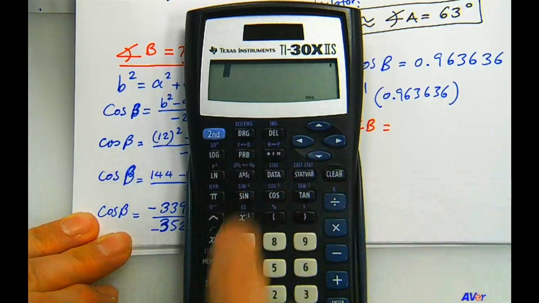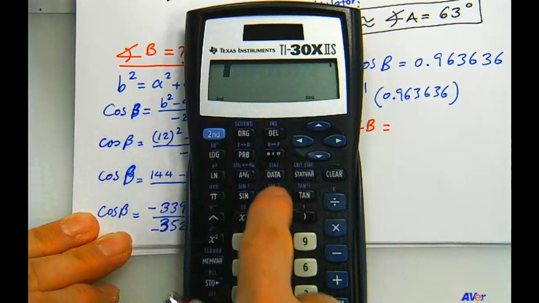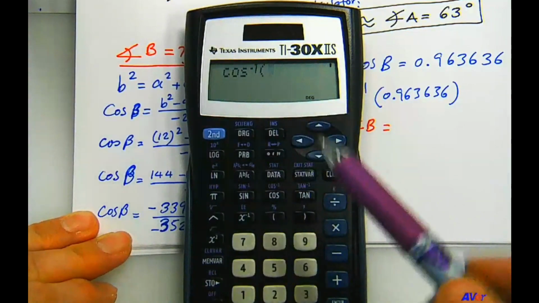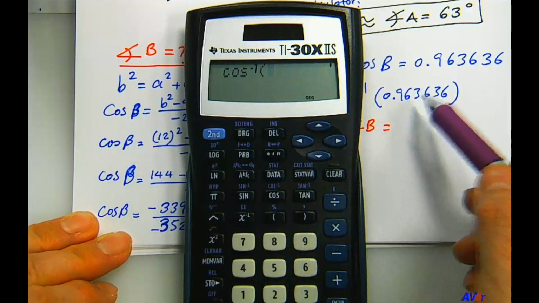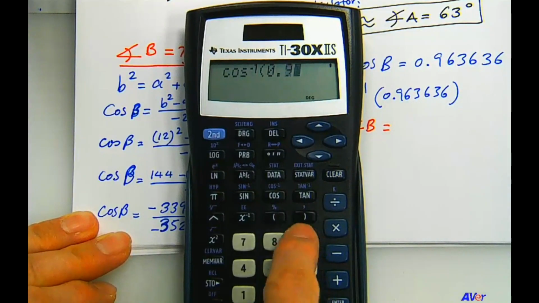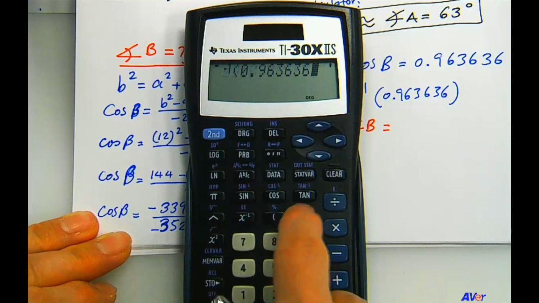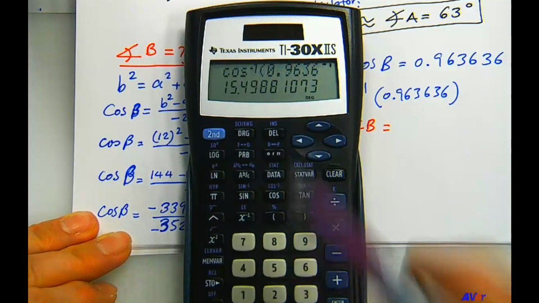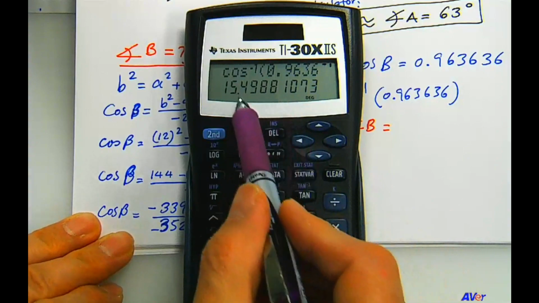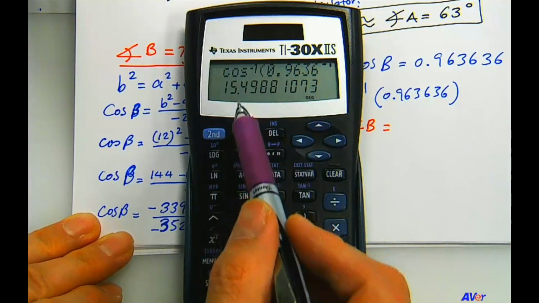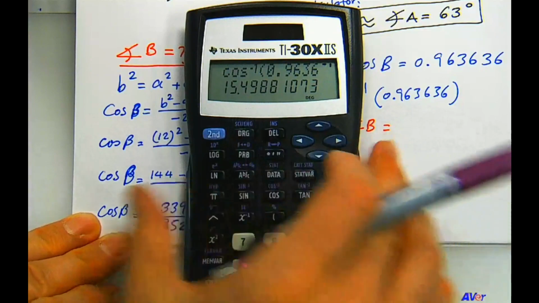So second, right now I have the inverse cosine activated, and I'm going to put in this quantity, 0.963636, and then enter, and you get 15.4988. I'm going to round that to 15.5 degrees.